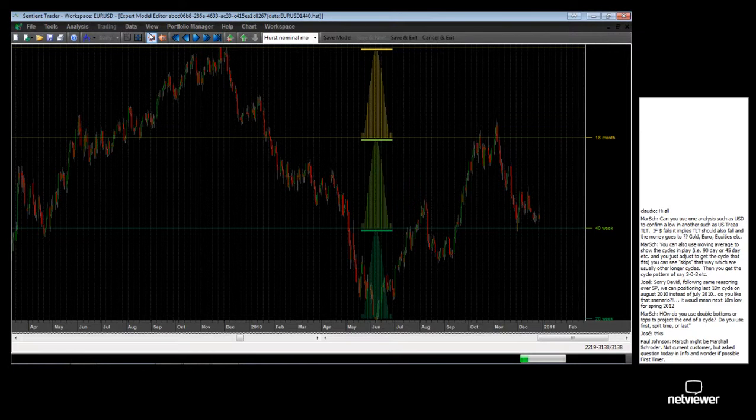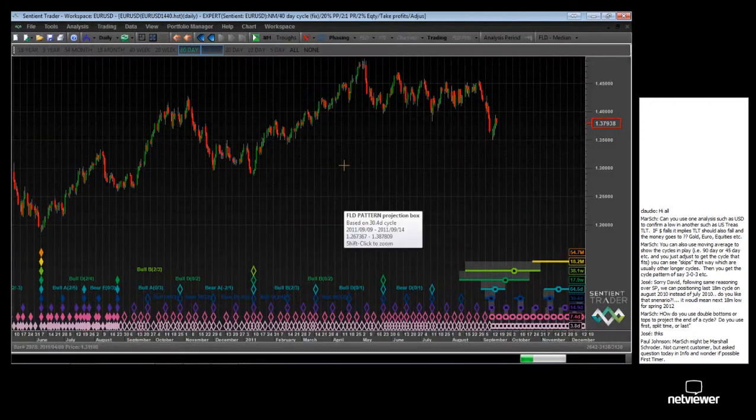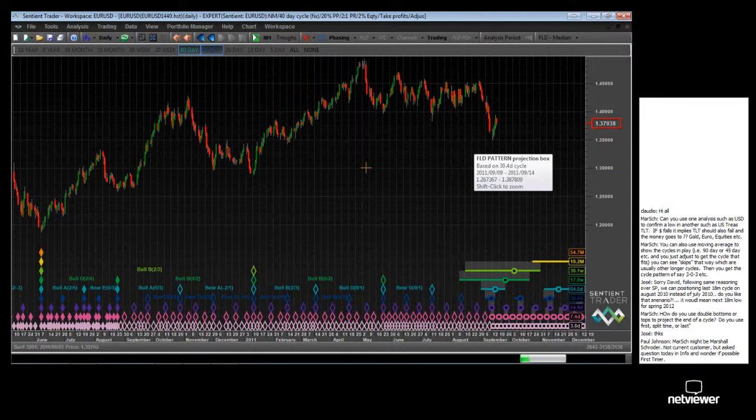Oh, I beg your pardon. I think I've zoomed into the wrong trough. I'm zoomed into the wrong trough. So I put that 18-month trough in the wrong place. Have I? No, I haven't. What have I done here?